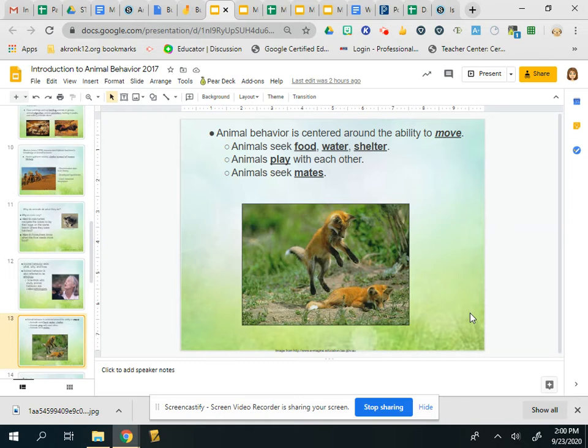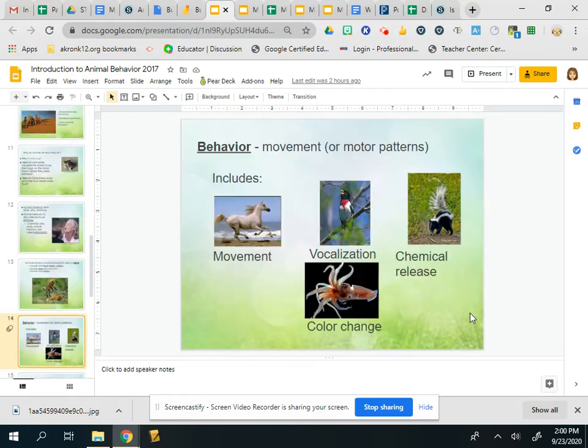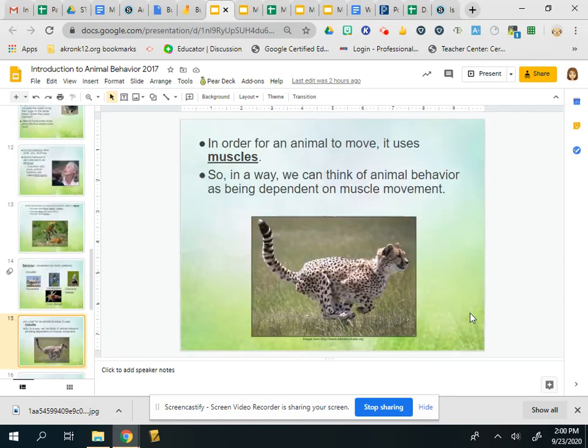And then animal behavior is centered around the ability to move. If you think about it, animals seek food, water, and shelter. They play with each other. They seek mates, and all of those require movement. So you could almost say that animal behavior relies on musculature. You need to be able to move, to vocalize, release chemicals for communication, change color. In order for animals to move, they need to use their muscles.